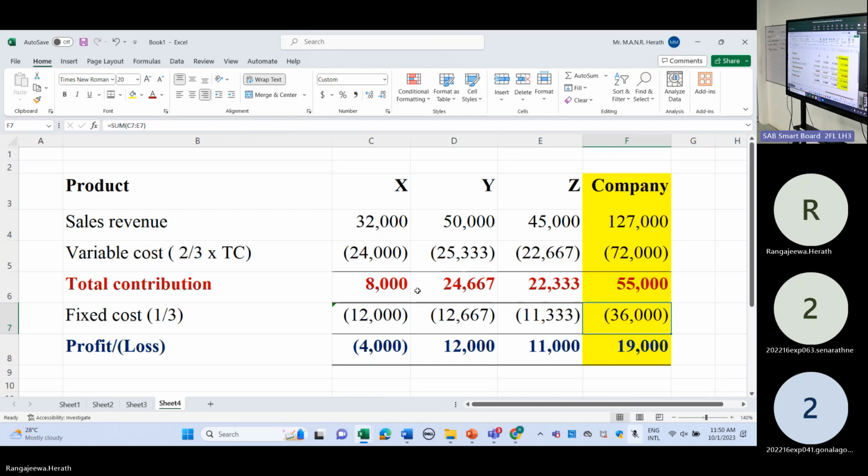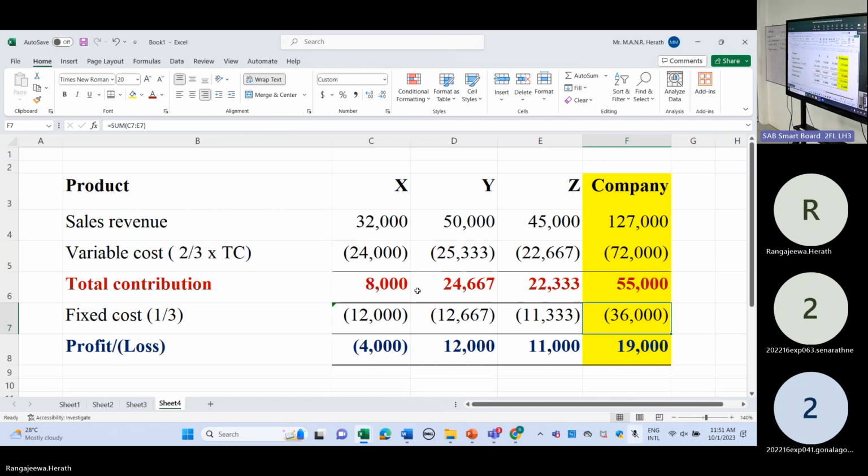If that loss of contribution exceeds this 4,000, it may end up with a direct financial loss. A direct decrease of the sales from Y and Z is possible.